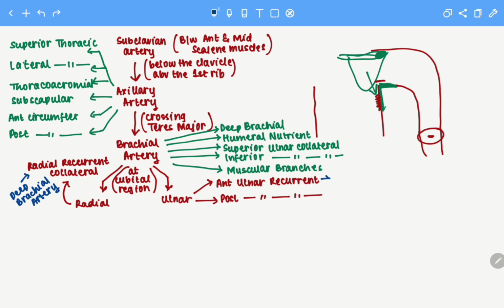The anterior ulnar recurrent collateral is going to anastomose with the inferior ulnar collateral, while the posterior ulnar recurrent collateral branch is going to anastomose with the superior ulnar collateral.